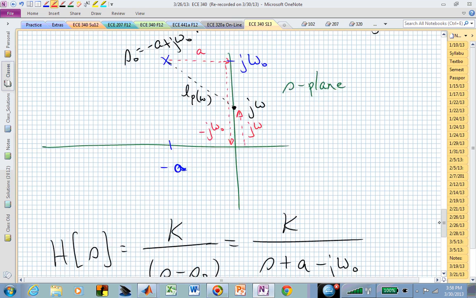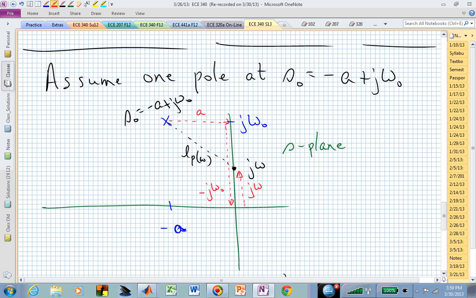We've now walked a real distance A to the right. We've walked down minus J omega naught, and then we come back to the frequency in question, J omega, and that now gets us to the point on the imaginary axis where we want to find the distance of that value, and that's just the hypotenuse of this right triangle made up of A and the difference in the imaginary pieces between omega and omega naught.